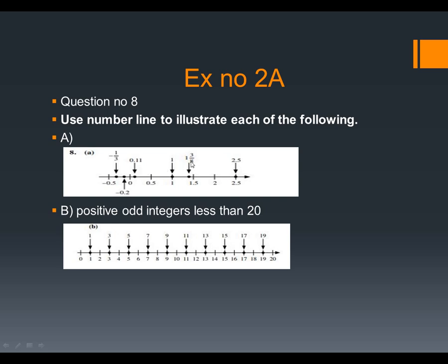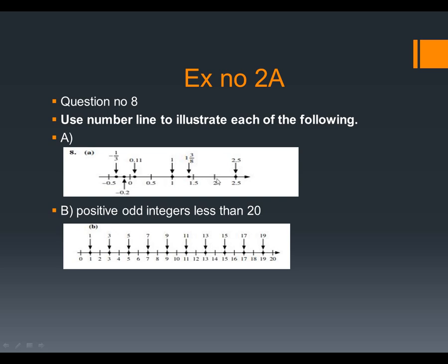So we have to convert these whole numbers or fractions into decimals. When we convert minus 1 over 3 into a decimal, it will be minus 0.3, and 1 whole 3 over 8, when we convert it into an improper fraction, it will be 8 ones are 8 plus 3, 11 over 8.